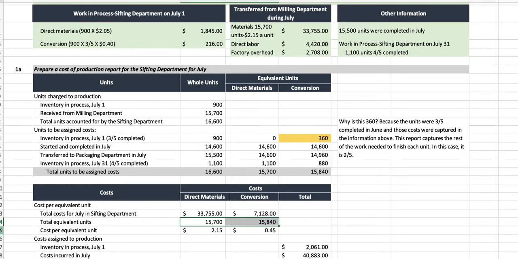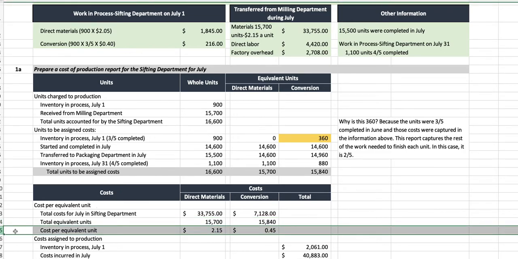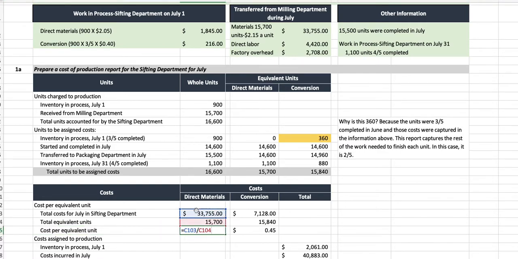My next step is to calculate the cost per equivalent unit. And I'm going to do that simply by taking my cost and dividing it by the number of units. For direct materials, you can see it's $2.15. And for conversion, you can see that it's 45 cents. All right, we're going to use these numbers in a later calculation.